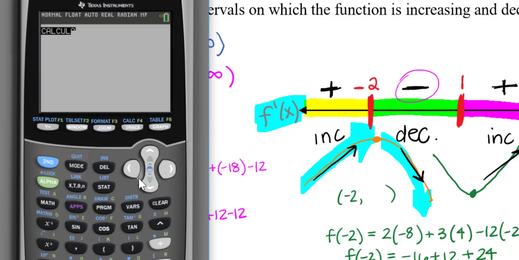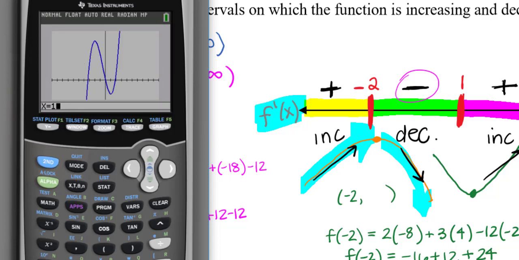And then I can calculate a value at x equals 1, and I can see that 1, -7 indeed looks like a relative minimum. Again, because you're decreasing to that minimum and increasing after. It has nothing to do with one being lower or higher than the other. It's a behavior. So you decrease to a min, a relative min, and increase after. You increase to a relative or local max and decrease after.